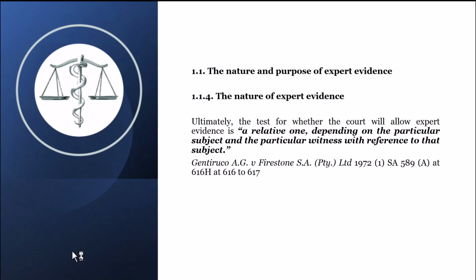And then let's have a look finally at the nature and purpose of expert evidence. Ultimately, the test for whether the court will allow expert evidence is a relative one, depending on the particular subject and the particular witness with reference to that subject. So it means that where the court is assessing and evaluating expert evidence, the court will weigh up various factors, including the subject of the dispute and the particular witness, as to whether the evidence in question is in fact expert evidence.